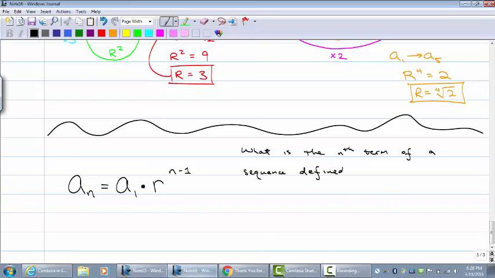Defined by a sub 6 equals 14, and a sub 9 equals 112. So quickly, what that means is that my sixth term, way down here, is 14. I don't know the seventh, the eighth, but I do know the ninth.